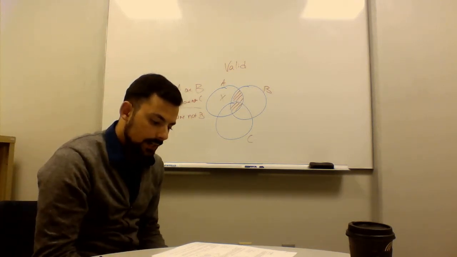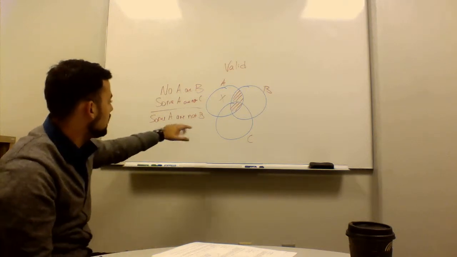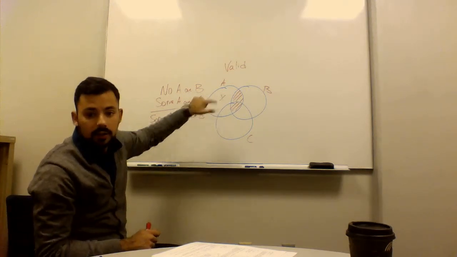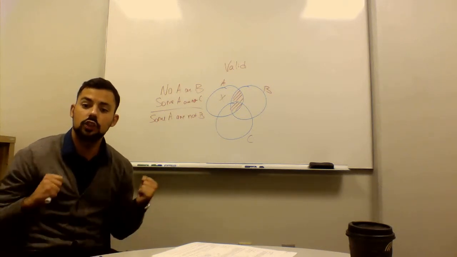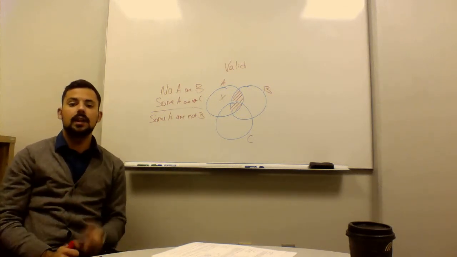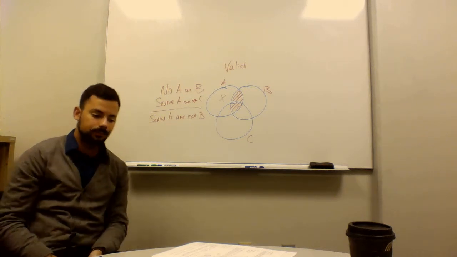As you can see, we can see that conclusion diagrammed for us just by diagramming the premises, and therefore this is valid.